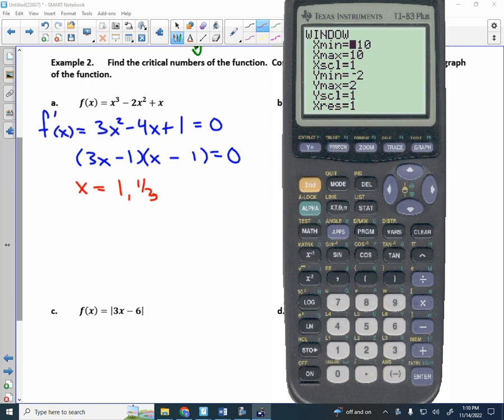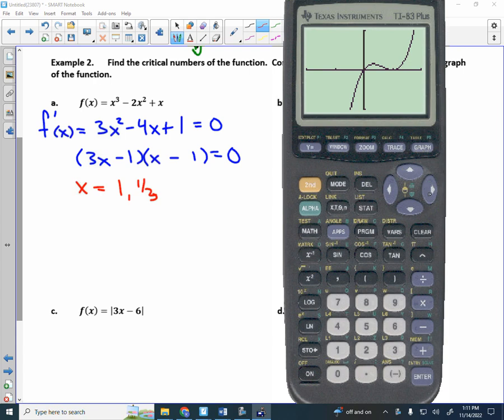If I change the window again to -1 and +1, maybe I'll see an even better definition of the shape. As I move my cursor, does it look like it might have a local max around 0.33? It looks like my tick marks are just a little bit off. If we change the window again to, say, -2 to +2, I bet we could get a really good view of this graph.